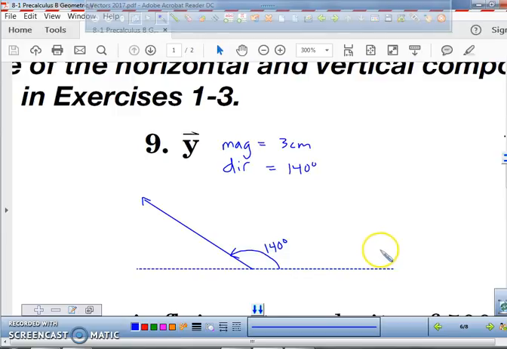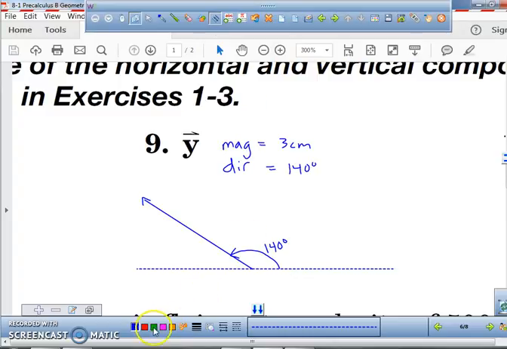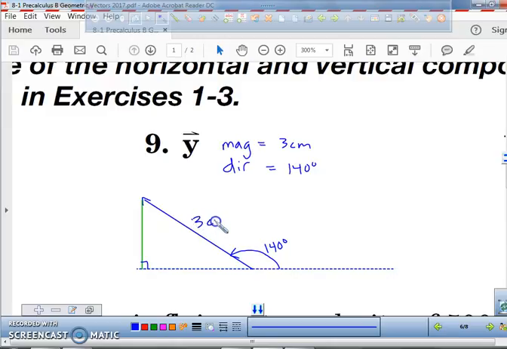But if I want to know the vertical and the horizontal component of this, you're going to have to draw a line from here going straight down. So right here, I need you guys to understand, this is 3 centimeters. That's your hypotenuse. If this is 140, how many degrees is this right here? That's going to be 40.